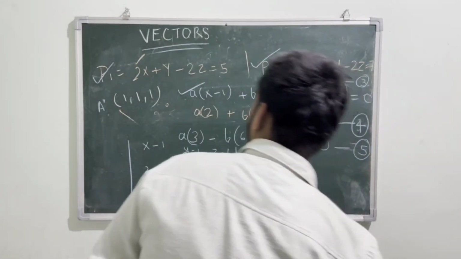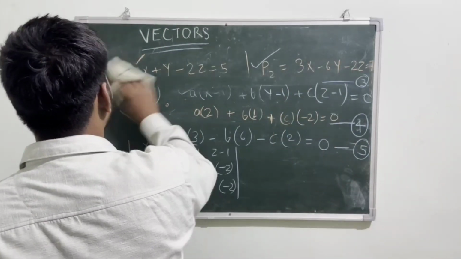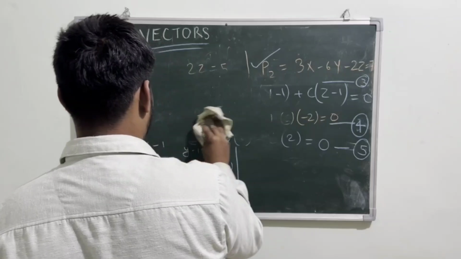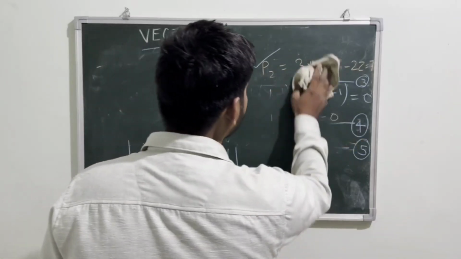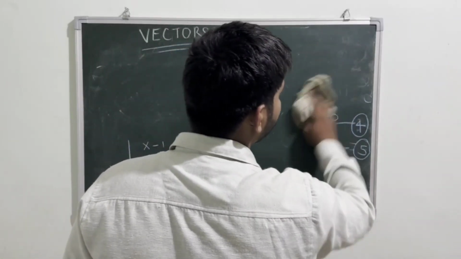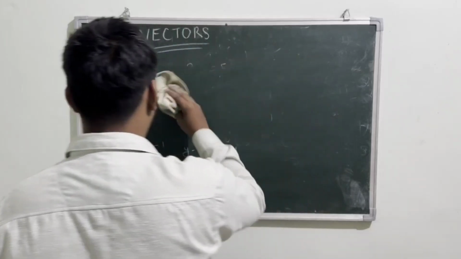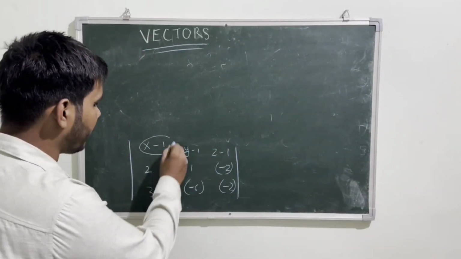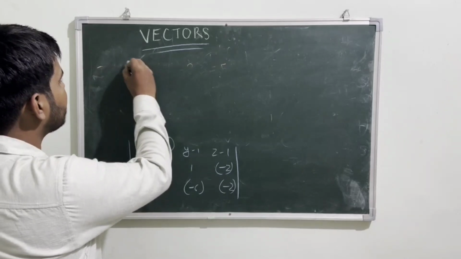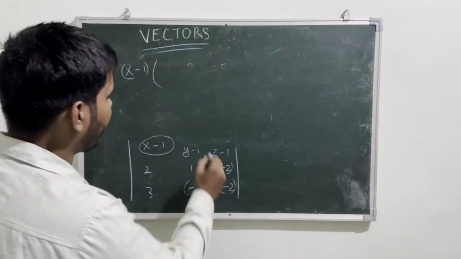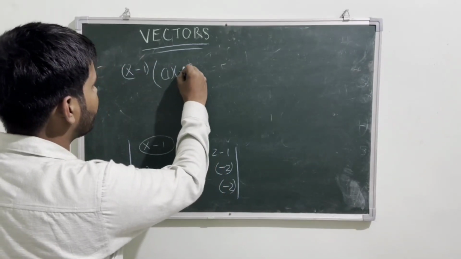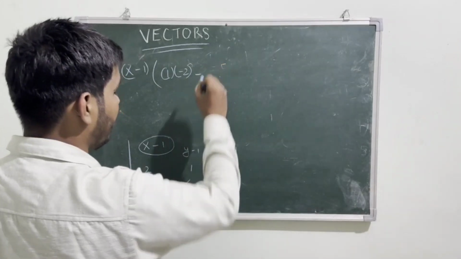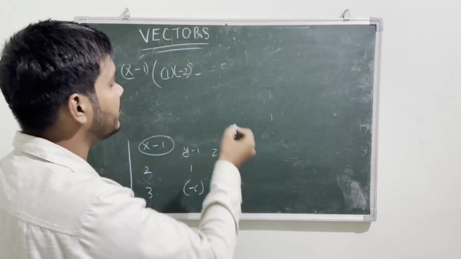Now we are going to find the equation of the plane which contains this line. Since we know this is x - 1, we have to write it down as it is. Then we have to multiply 1 with -2, and -6 multiplied by -2 is -12, and minus of -12 will be 12.